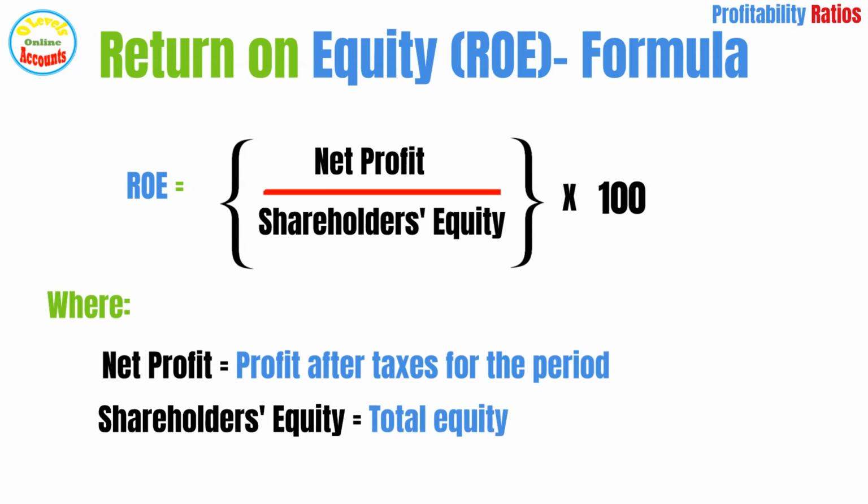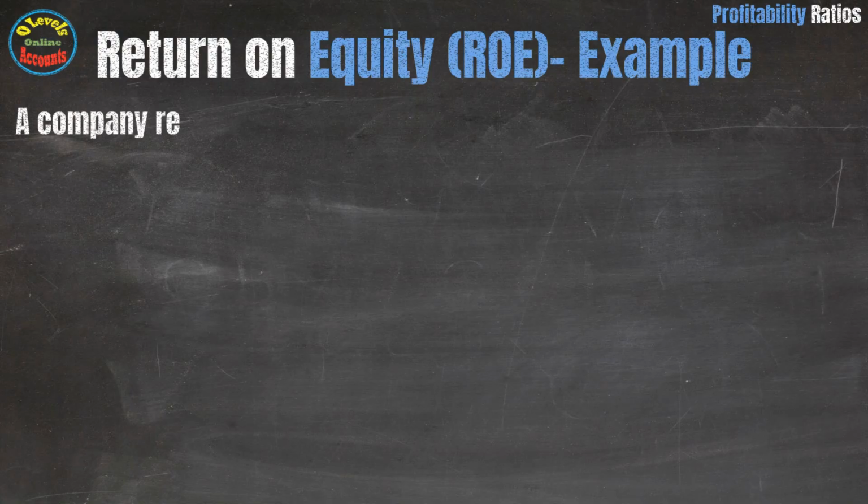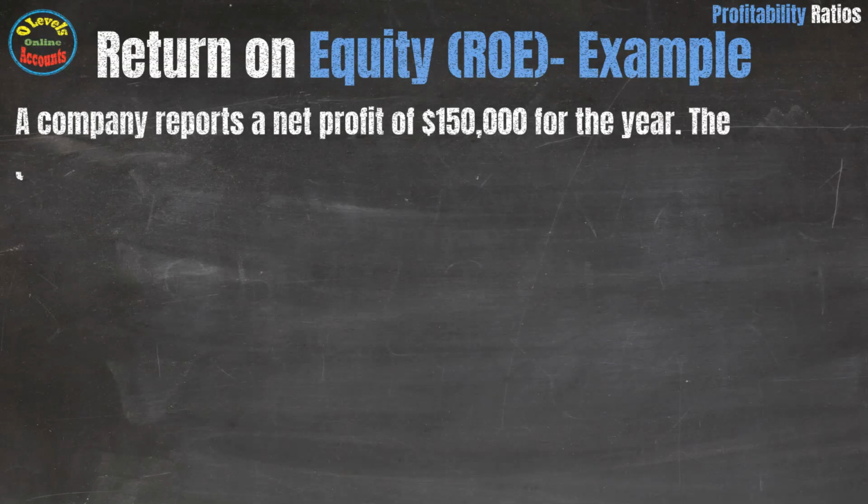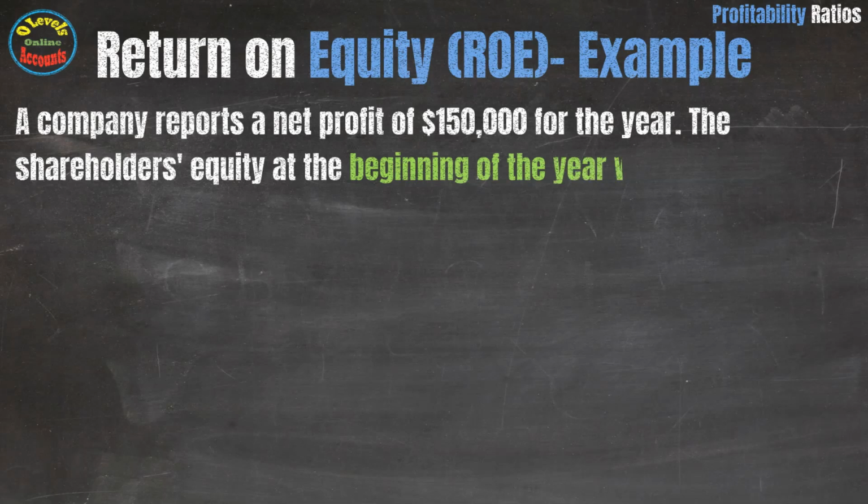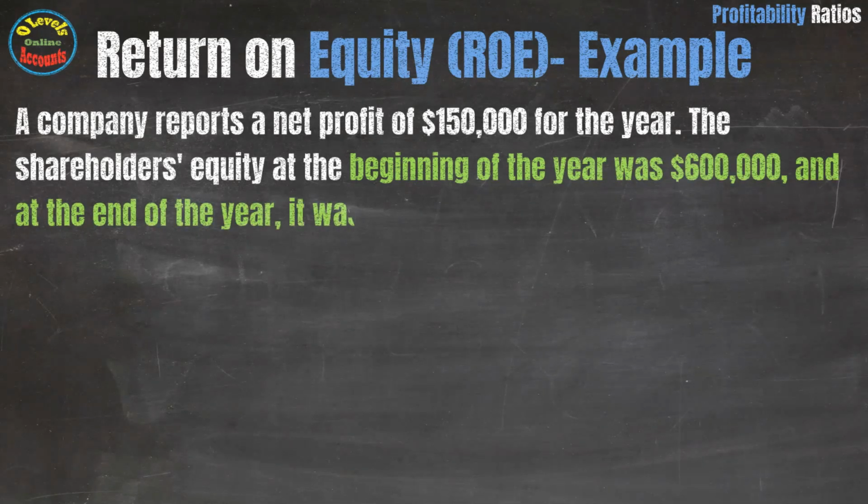Let's check its example. A company reports a net profit of $150,000 for the year. The shareholders' equity at the beginning of the year was $600,000, and at the end of the year, it was $700,000.